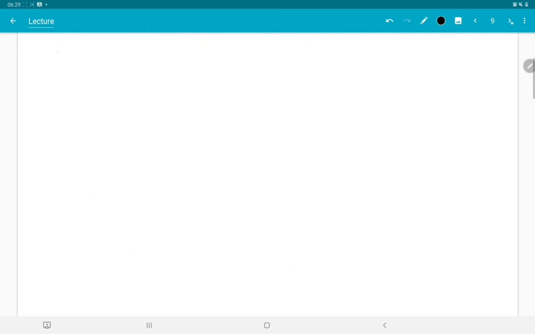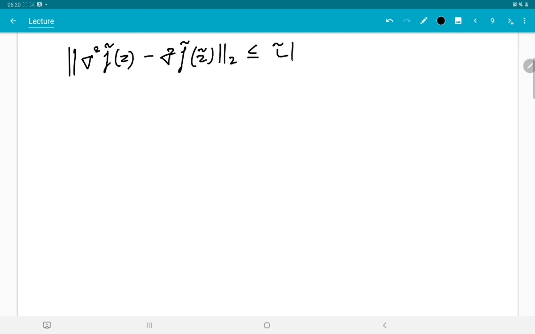Okay, the Lipschitz condition. This is what we have to establish for some L tilde. We can write down the definition of f tilde.